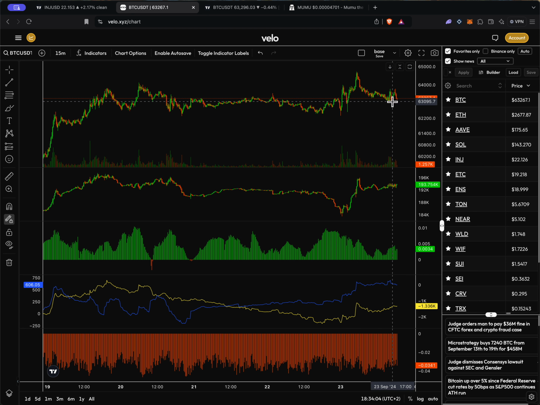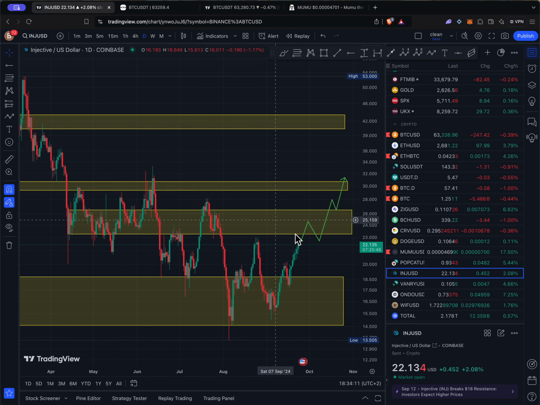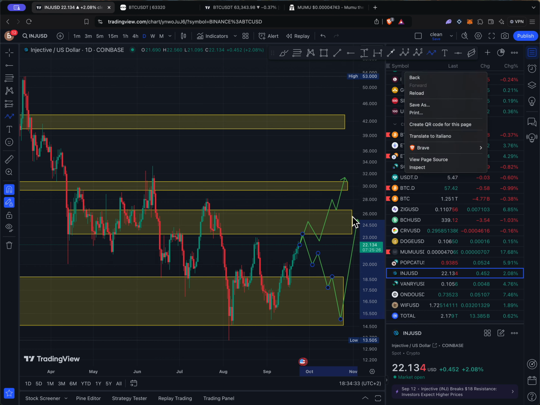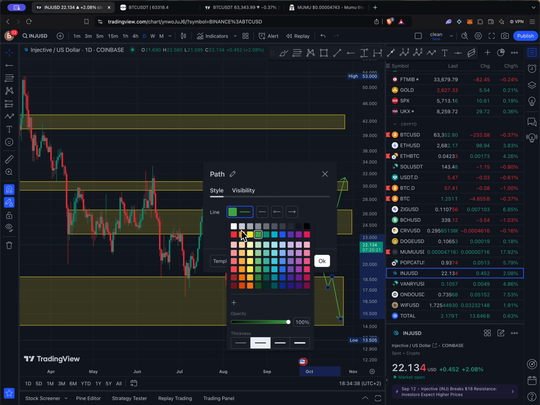This is another interesting thing. I need a bit more time to try and understand it. But more or less, if Bitcoin doesn't start going down under 62k, this should look for continuation. That's the bull case I'm expecting. The bear case could be something like this. And this, I'm going to mark it in red.